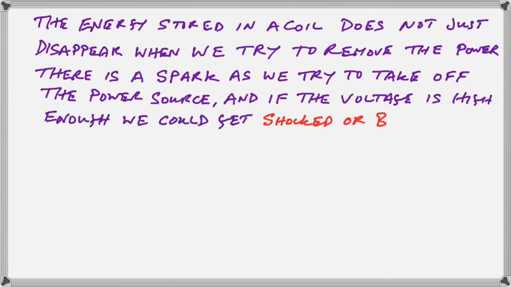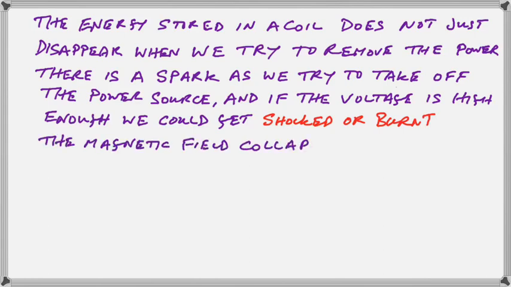And as we try to yank the power away, a big spark occurs. If the voltage is high, we could get shocked or burnt if we're doing it with our bare hands. But if it's a switch, the arc or spark may jump across the switch and actually fuse it, burn it out, or cause bad things to happen.